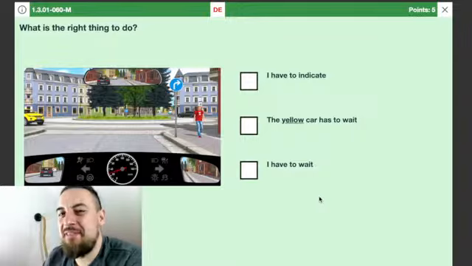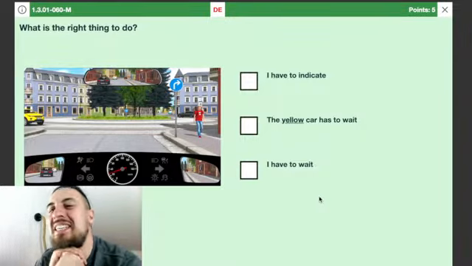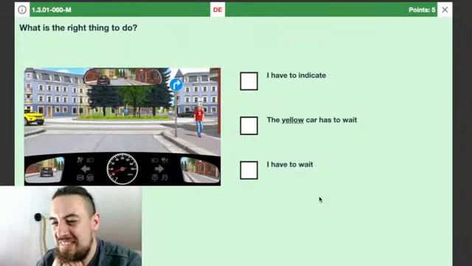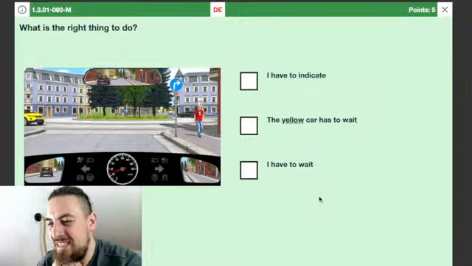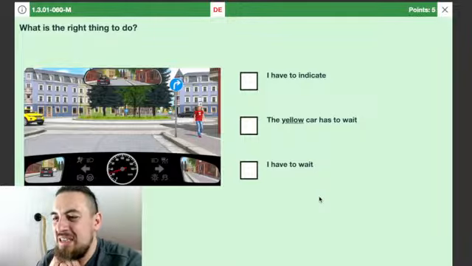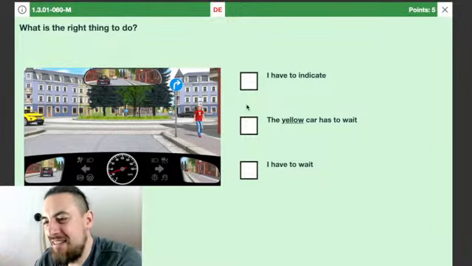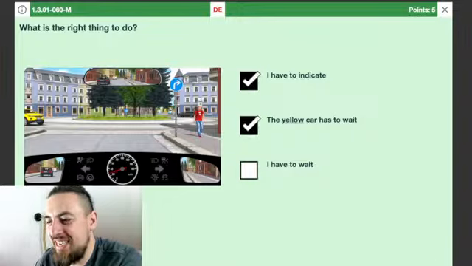Okay, I will give you time. Let's see. What is the correct way to handle that situation? Do I have to indicate? The yellow car has to wait. Okay, you're saying the first and the second, and let's try.